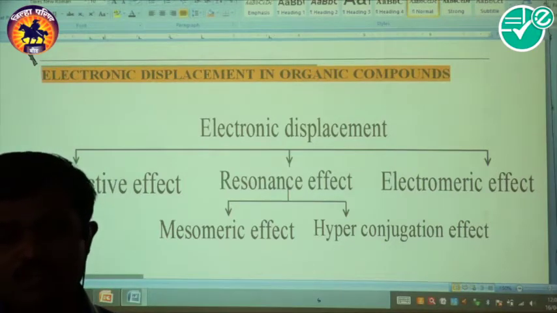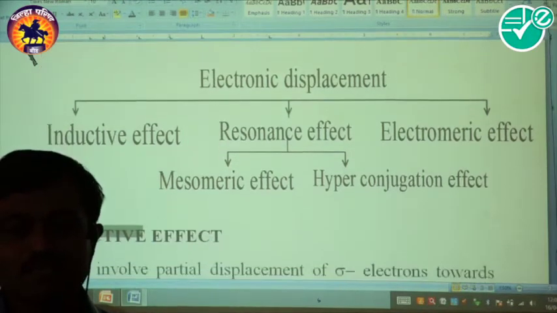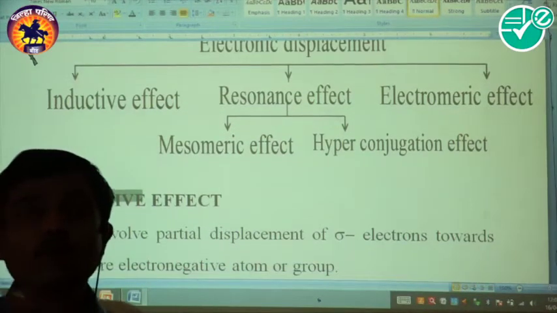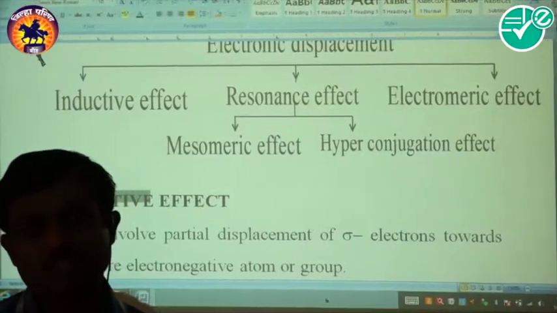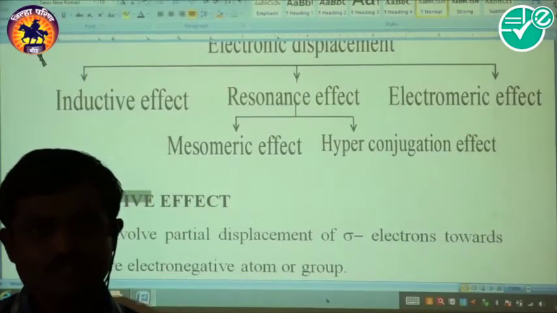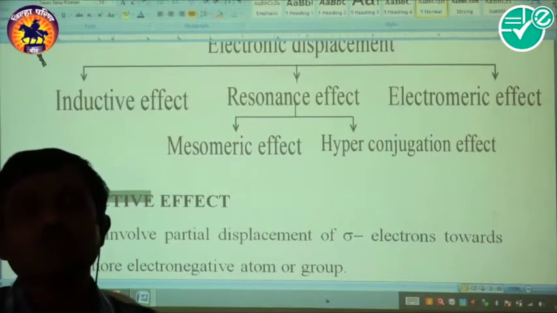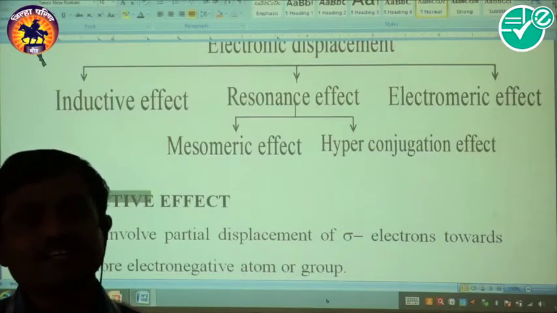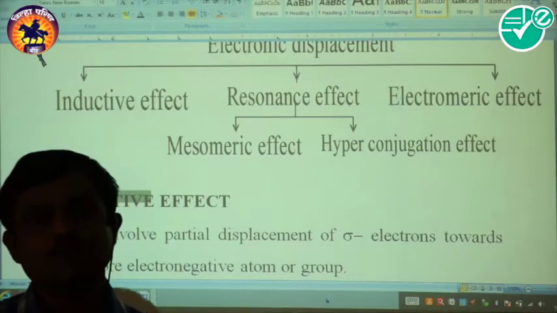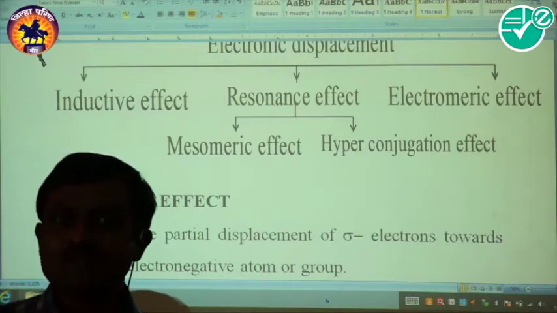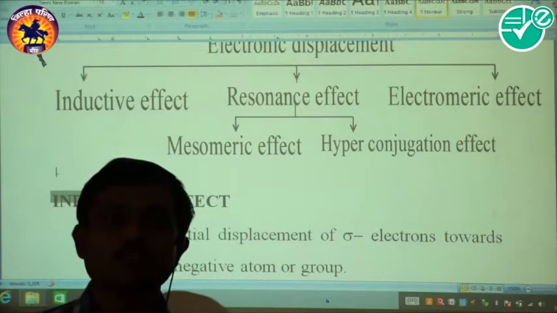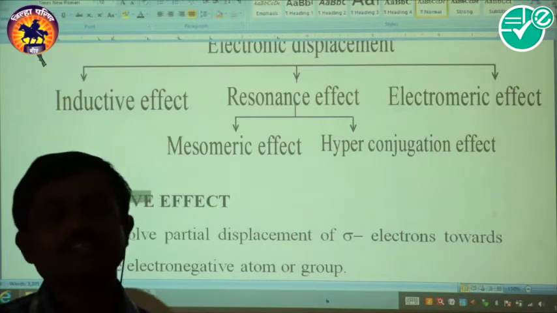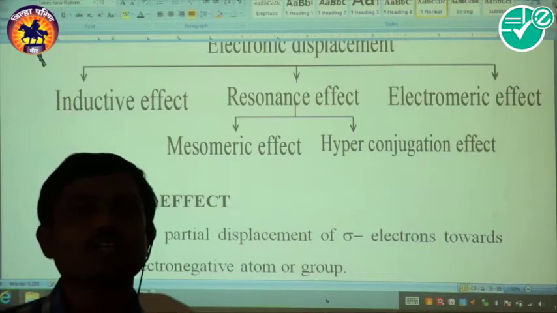Because of the difference in electronegativity, the more electronegative element carries a partial negative charge, because the electron is pushed towards that more electronegative element. We know that electronegativity is the tendency of an atom to attract the shared pair of electrons towards itself.